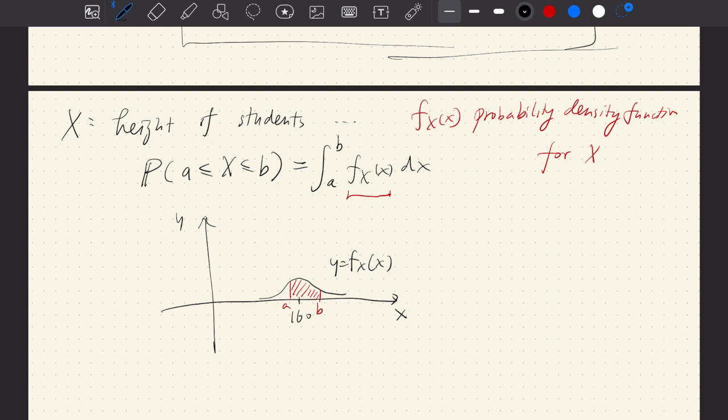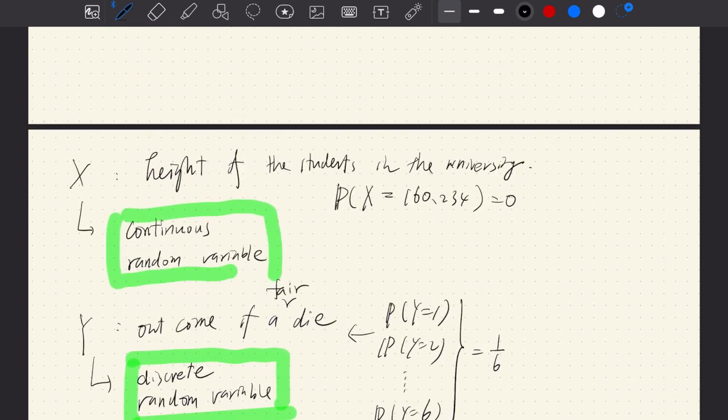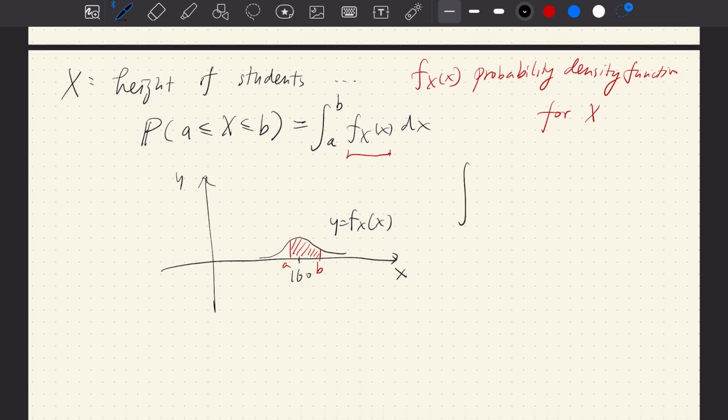In this case, you can see that it fits our intuition from before that the probability of the height being exactly one number is 0. For example, if we want to know the probability that the height is exactly 160.234, then you will have to write 160.234 ≤ height ≤ 160.234, right? Because this means that the height is greater or equal to 160.234 and also less than or equal to 160.234, so the height is exactly this number.